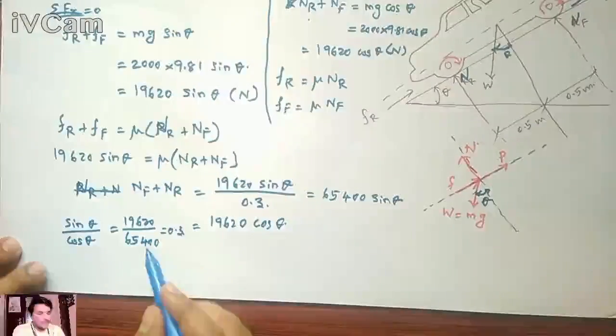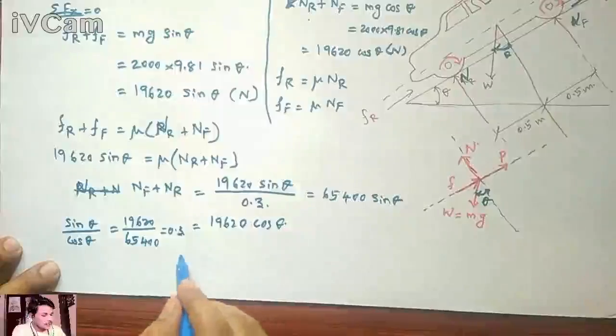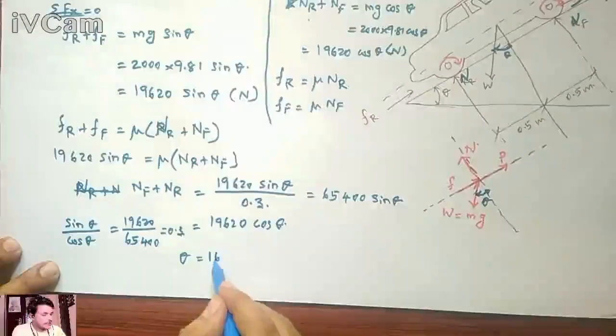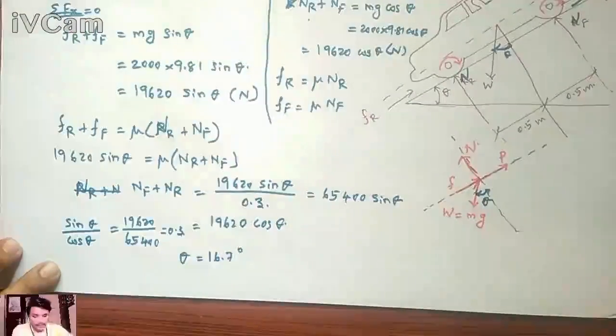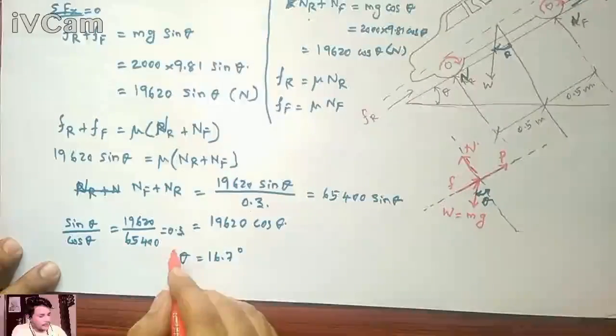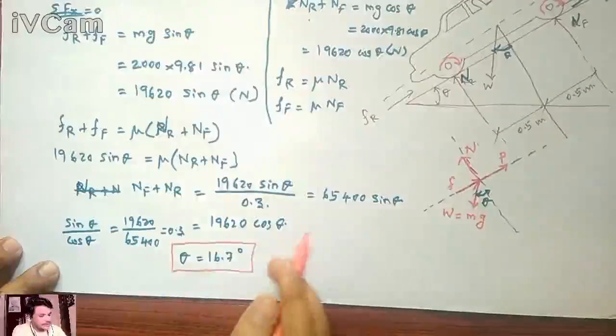So from that, theta equals 16.7 degrees.